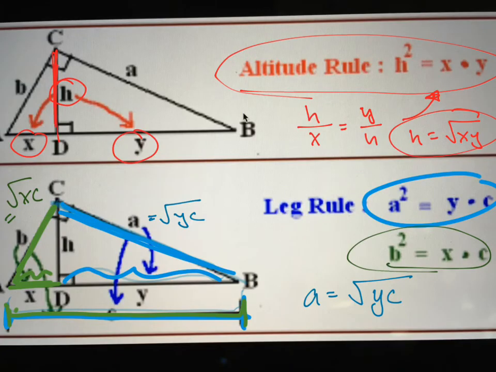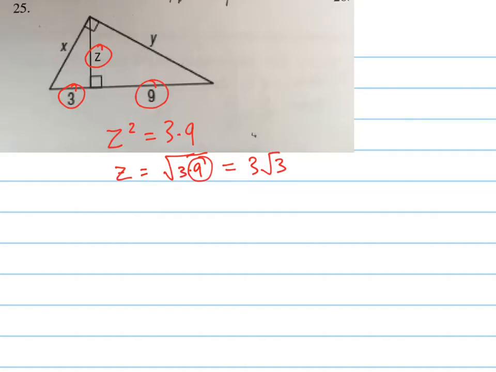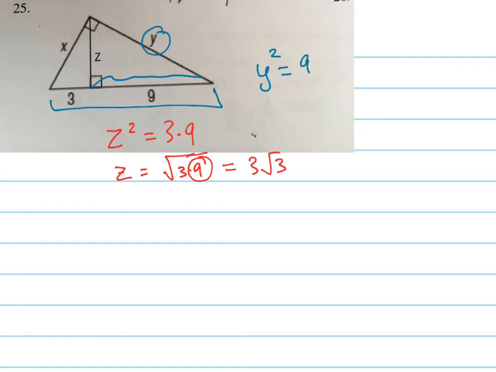Let's do the blue one, which was the one on the right. What's y the geometric mean of? Y is the geometric mean of the side closer to it and the full side. So y squared equals 9 times what? 12.